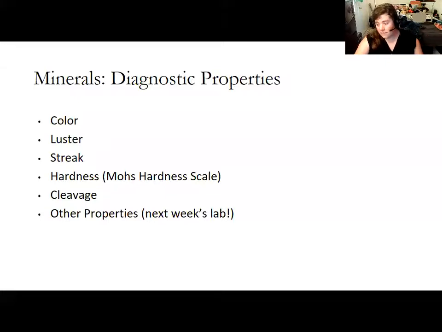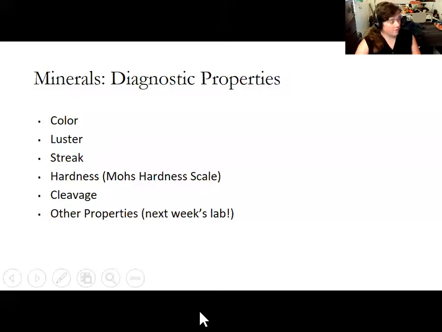And minerals in the field are going to be defined by their color, their luster. So that's how they reflect or don't reflect light. Their streak, which is the color left behind when you grind the mineral on a porcelain plate, how hard the minerals are, and their cleavage, which is always the Beavis and Butthead moment of intro geology classes, but it refers to how minerals break.